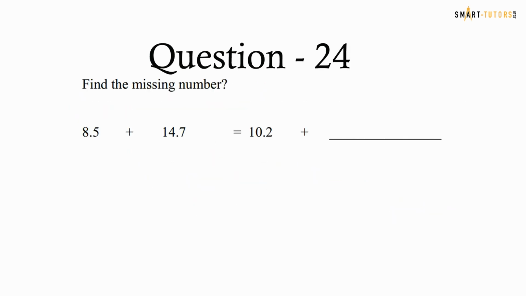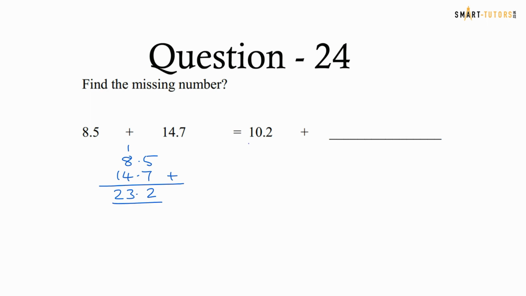Question number 24. Find the missing number: 8.5 plus 14.7 equals 10.2 plus what? So first of all, we need to do 8.5 added to 14.7. So column addition. 7 plus 5 is 12, 1 remaining, 9, 13, and 1 remaining, 1 plus 1 is 2, 23.2.